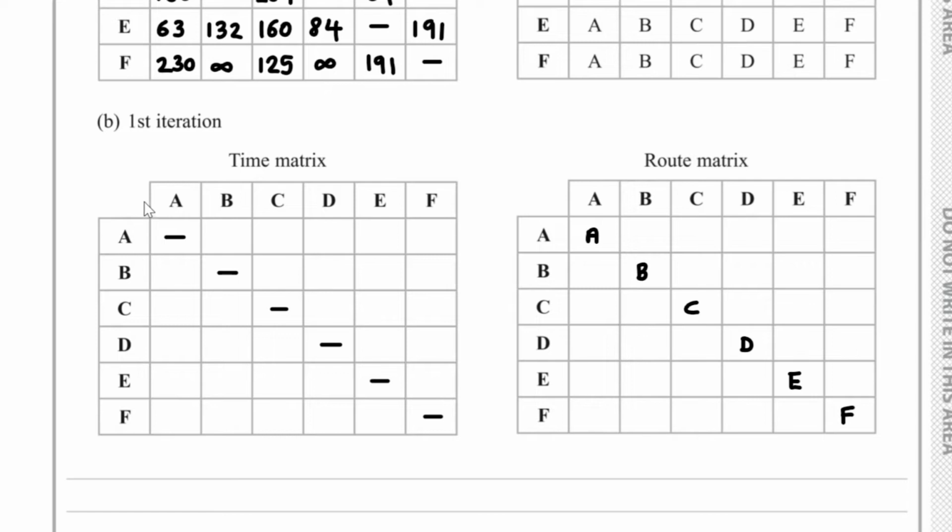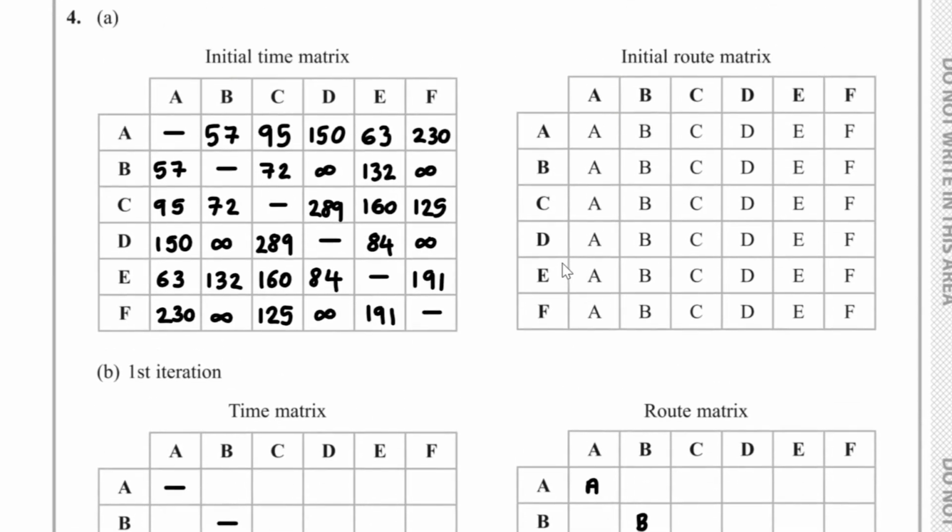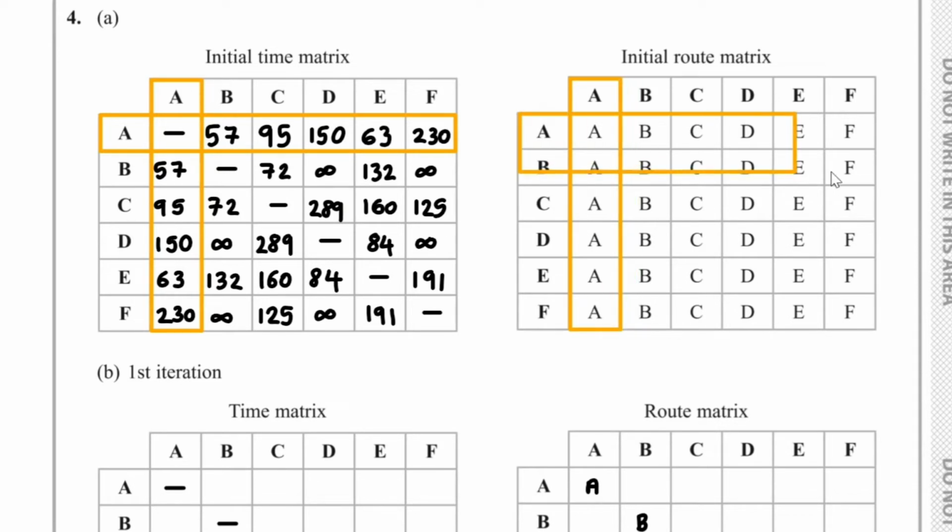So, with these inputted, with our first iteration, we need to consider the A column and the A row. So if I perhaps put a box around those, this will help keep track of what needs to stay the same with our first iteration.